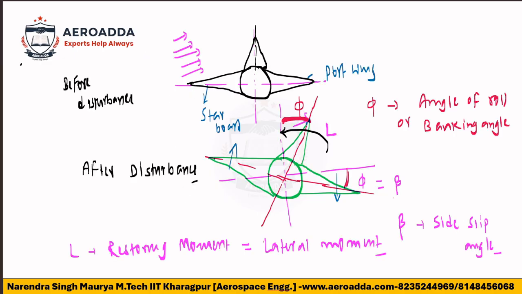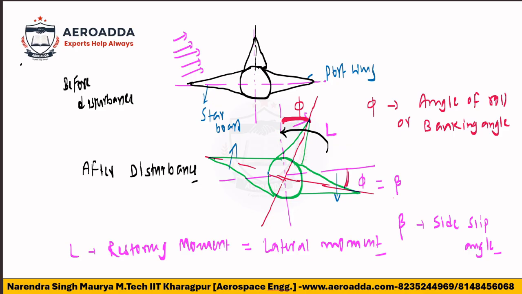The phi is increasing. But to make it stable, the aircraft should be designed in such a way that it creates a rolling moment which is just opposite, in the anti-clockwise direction. The phi change is clockwise, but L should be anti-clockwise. Correct? That is my point here. Just like in longitudinal stability, the angle of attack was increasing, so alpha nose up was there, a positive increment in angle of attack.